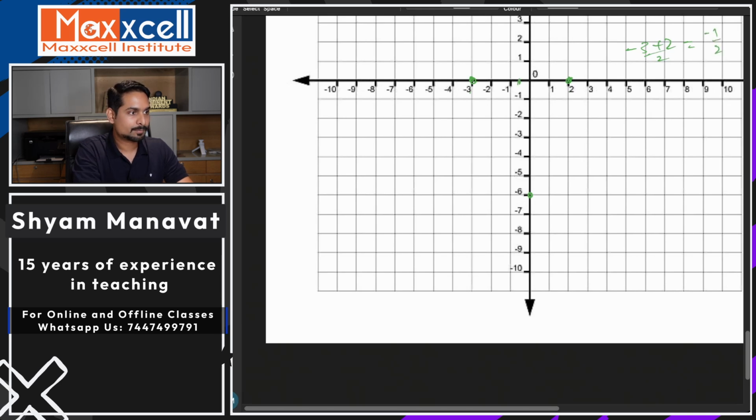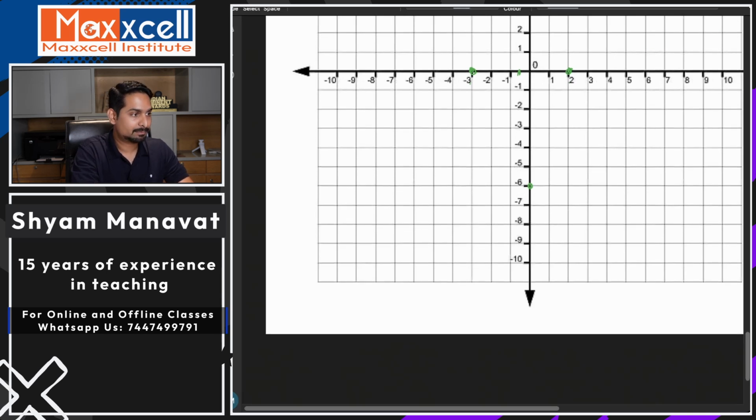Correct? You're learning how to plot the graph, so you have to have patience. I'm drawing roughly, so please bear with me. It may not pass through the exact points, but it would be something like this.